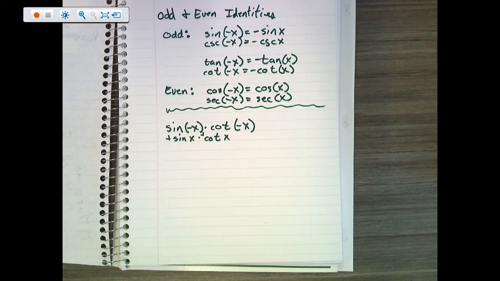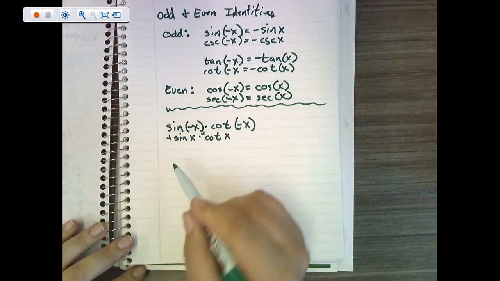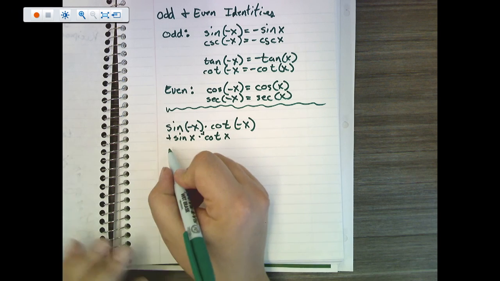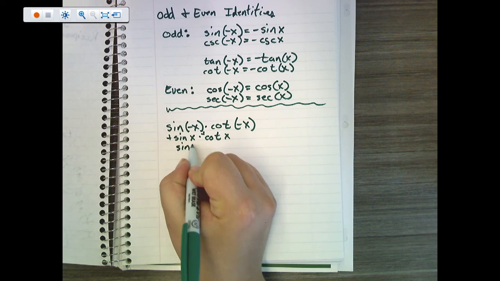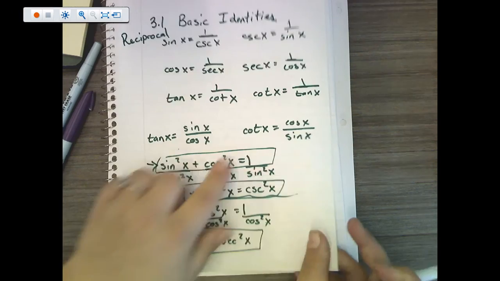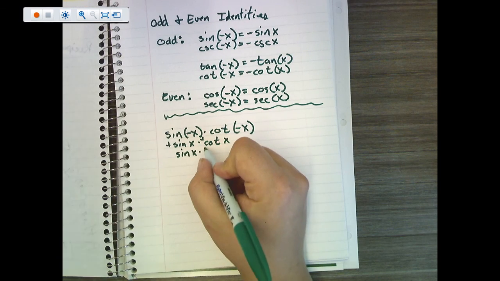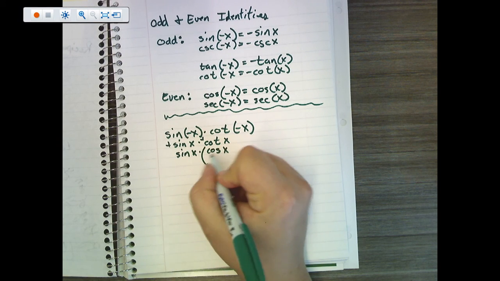So sine, is that already written in terms of sine or cosine? Yes. Cotangent is not in terms of sine or cosine, so I have to rewrite it. So I have sine of x times cotangent. How else do I write cotangent? Cosine over sine. So instead of cotangent, I'm going to write cosine of x over sine of x.